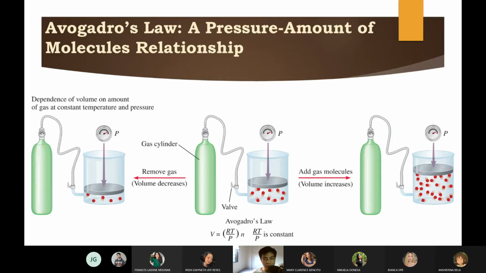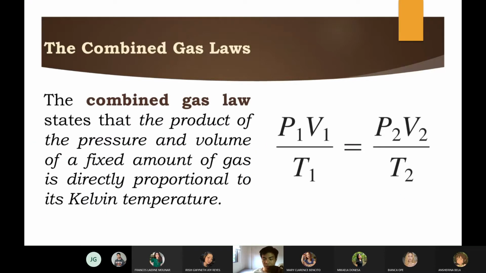And yung tatlong equations na na-discuss natin, pwede natin sila i-combine, yung Boyle's law, yung Charles law, and yung Gay-Lussac law. Pwede natin sila i-combine to get the combined gas laws. So in the combined gas laws, yung pressure, volume, and temperature, pinagsama-sama natin. Okay. Remember kanina, we have PV equals K, kaya P1V1 equals P2V2. Okay. We also have equation na P1 over T1, P2 over T2.